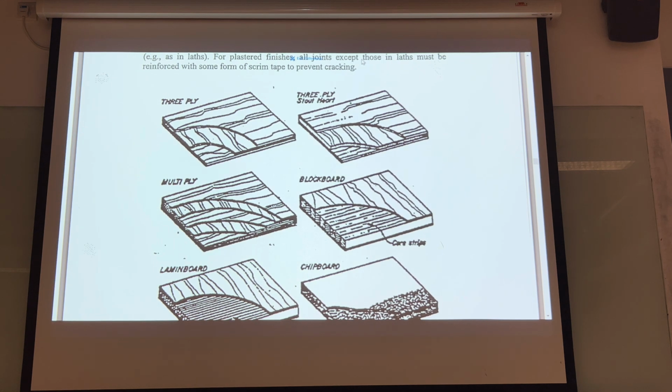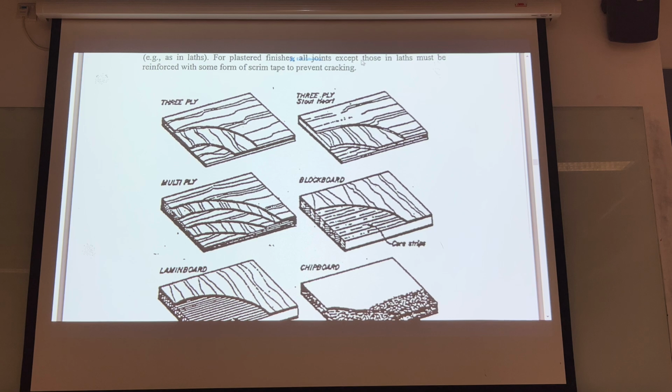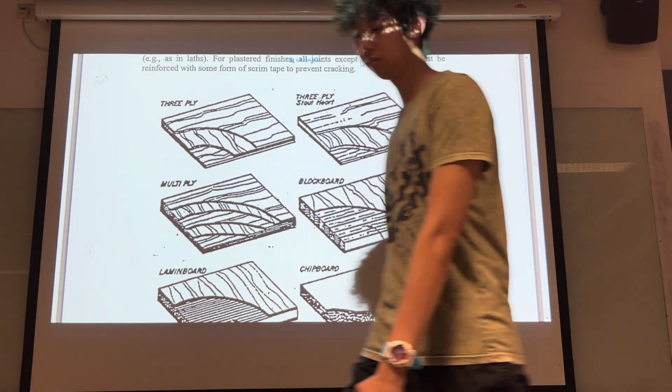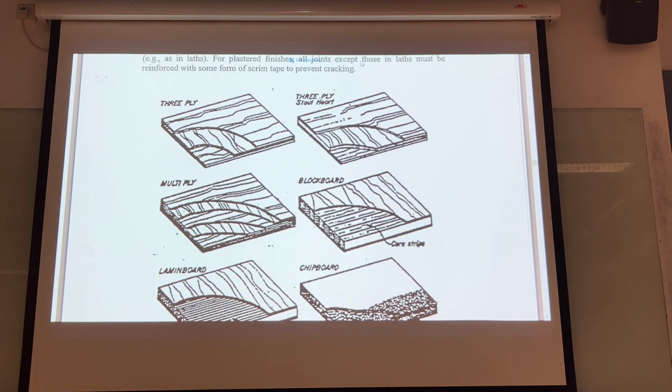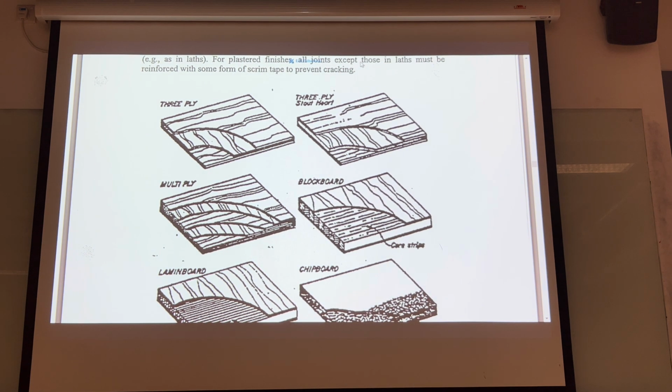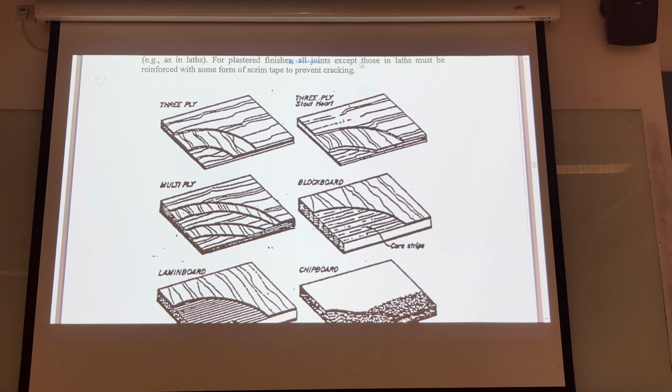How much weaker than the strength along the grain? 0.1. Yeah, you can say 1/10 or you can say 0.1. The ratio between these two, right? Because the strength across the grain is only about 1/10 of the strength along the grain, right? So because of this, you compensate for that.